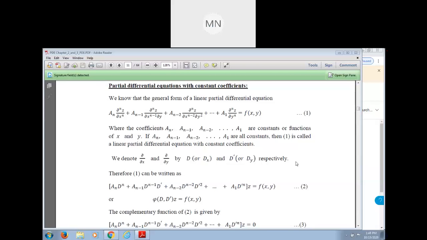Not integrating, differentiating twice, partially differentiating.